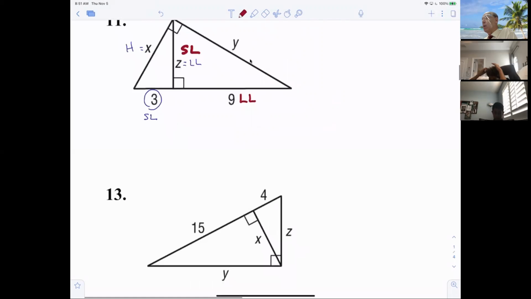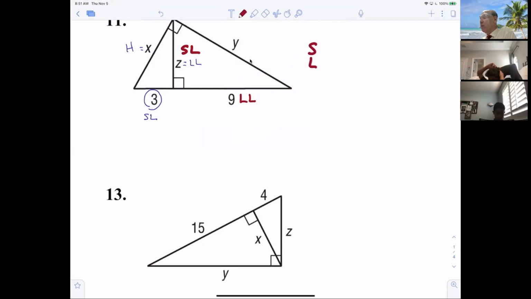So this is what they were trying to refer to in the previous problems where we were doing the geometric mean. I personally don't see it, and I never will say that to you. But in this case, if we set it up, it's going to be short leg over long leg.